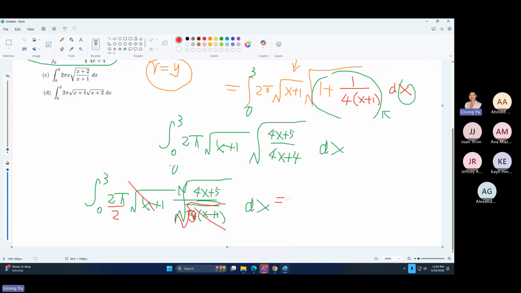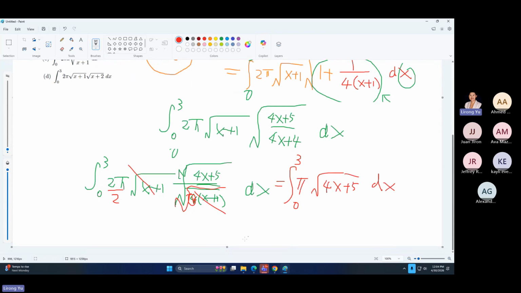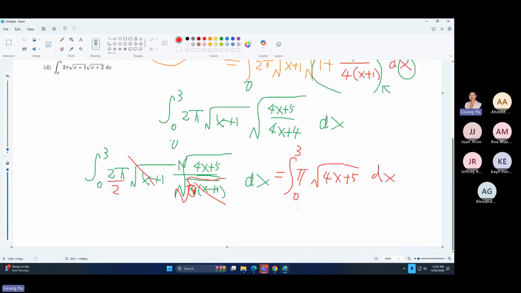So the integration becomes the integration of pi, right? And then the 2 over 2 is 1, so that cancels as well. So it becomes pi times root of 4x plus 5 dx, with x from 0 to 3. Now this is not too hard to integrate because there's nothing outside the root. It is degree 1 inside the root, so that's really pi times 4x plus 5 to the power 1/2.